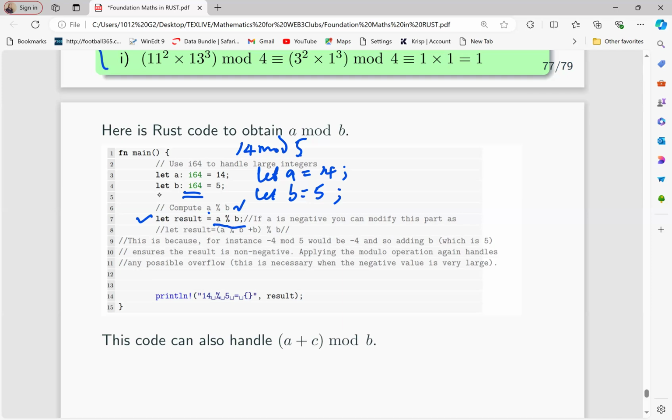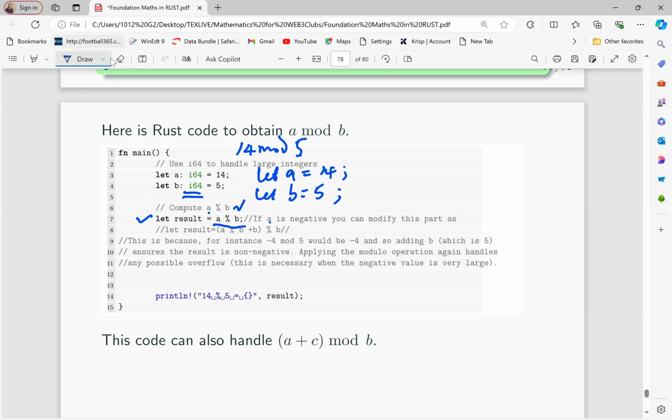I've added some notes: if a is negative, you can modify this part. Why do we modify? We modify it this way. Let me just erase this modification. The modification is you add the modulus.